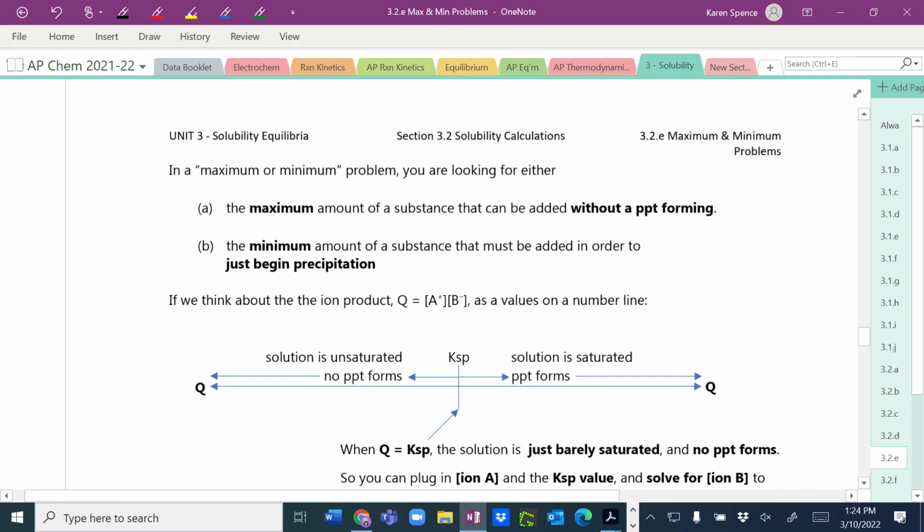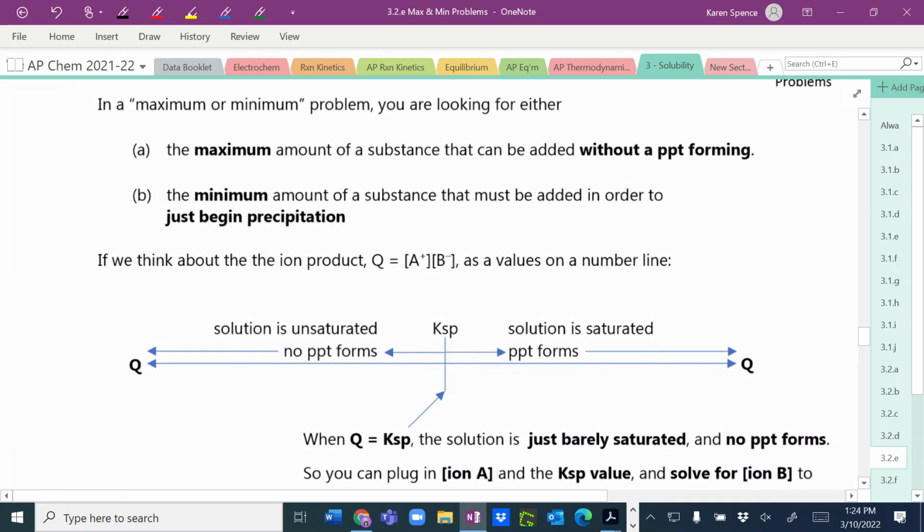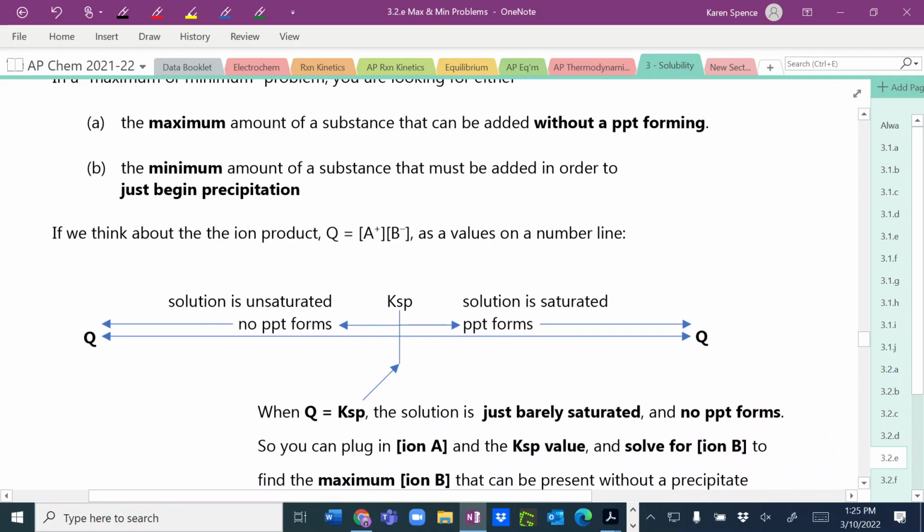So here's that little knife edge we were talking about. When Q is equal to KSP, the solution is just barely saturated and no precipitate forms.